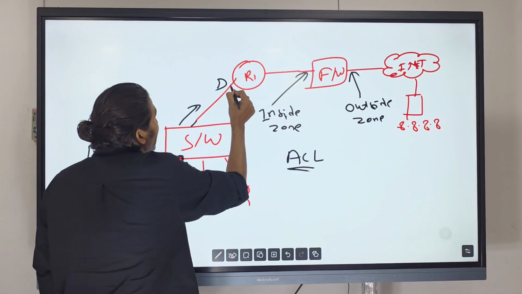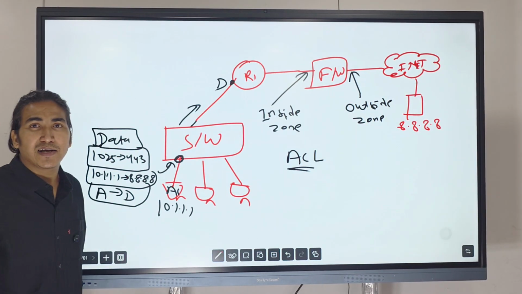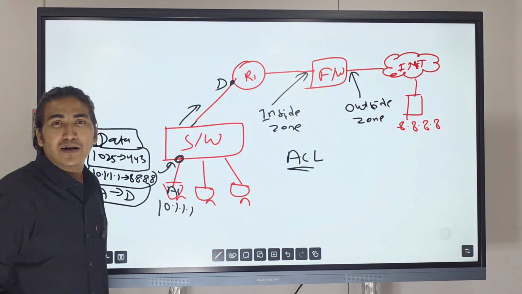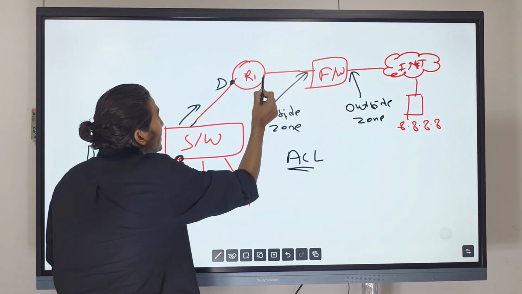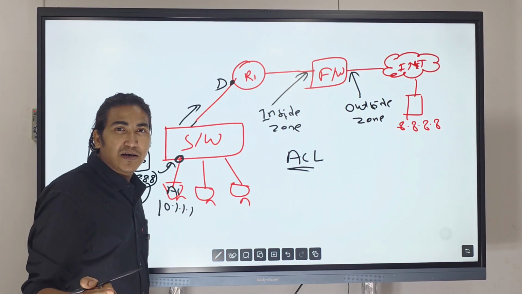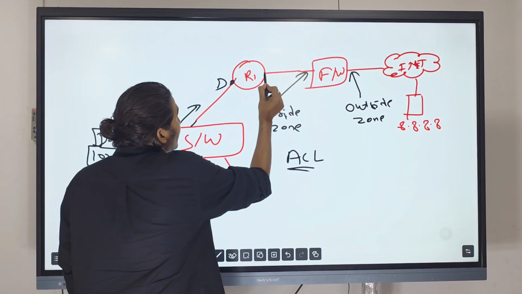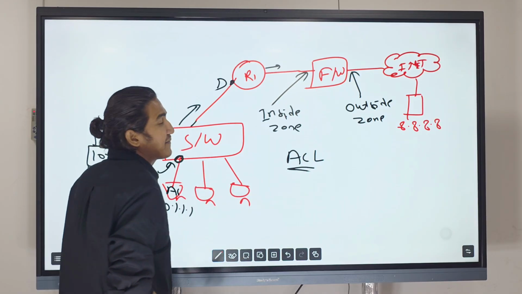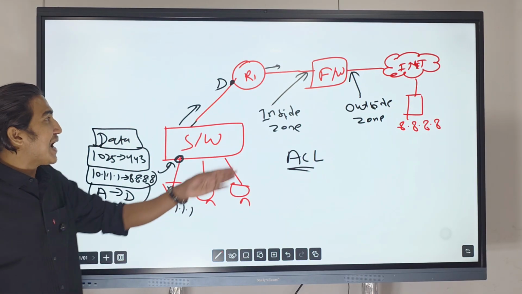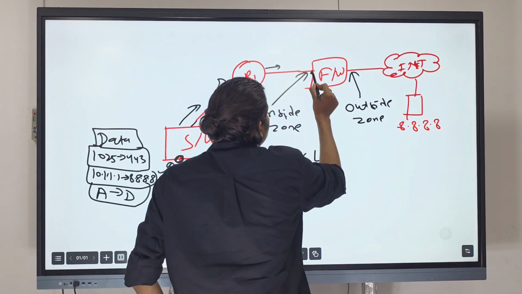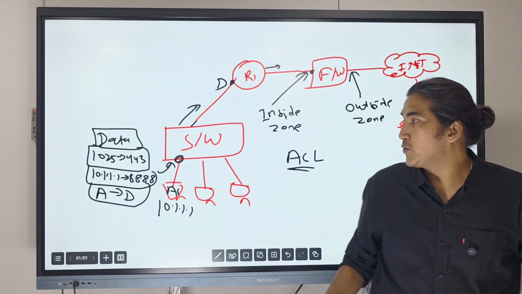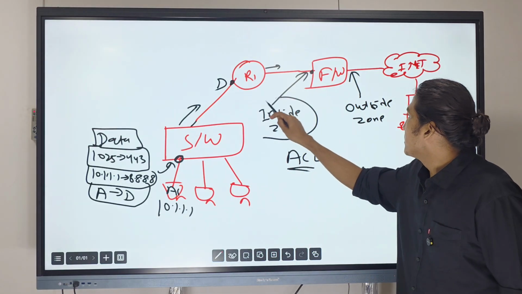When the router receives the traffic, it is going to remove the layer 2 header. It will look up the routing table. In the routing table, it will find the exit interface. Again, it will add the new layer 2 header and forward the traffic to the firewall. When the firewall receives the traffic on this interface, first of all, it is going to identify the zone.